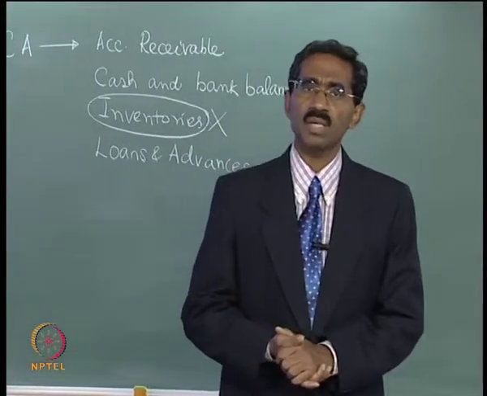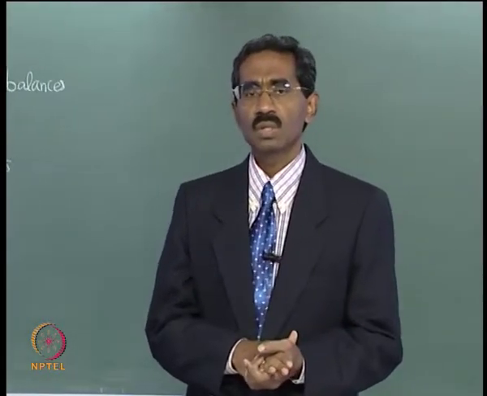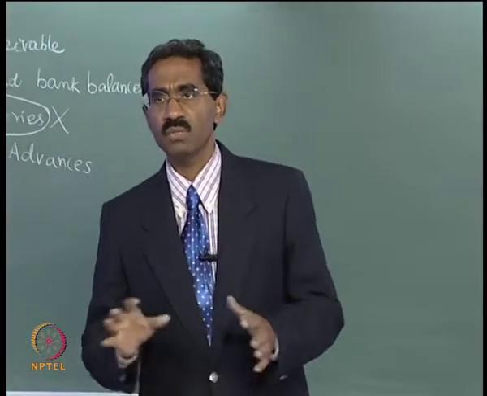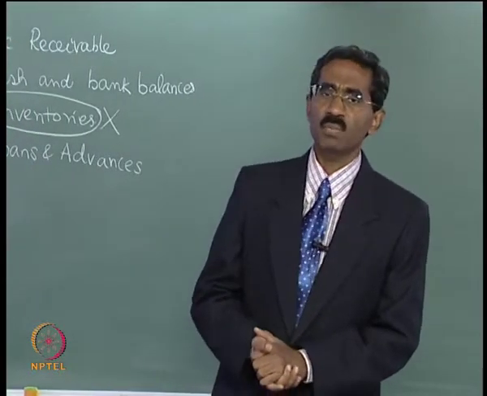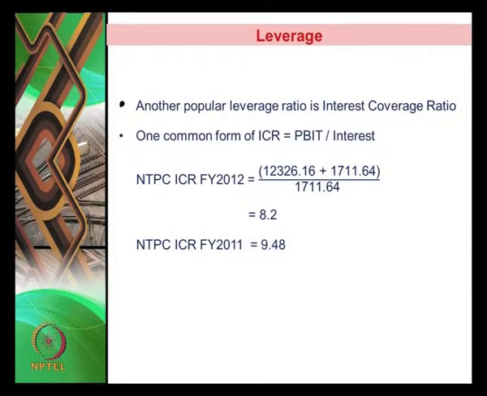So, to calculate PBIT, we add back the financial charges to the profit before tax number. So, we get the profit before interest and tax as 12,326.16 plus 1,711.64 crores. This is your PBIT, and this we divide by the interest payment, which is 1,711.64. So, the interest coverage ratio for 2012 is 8.2.